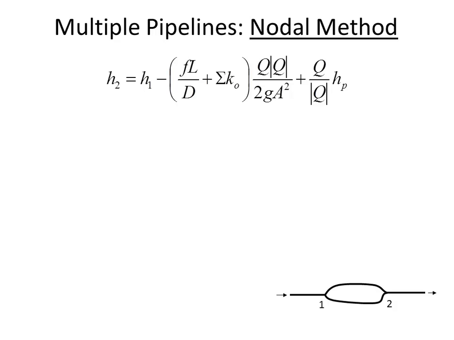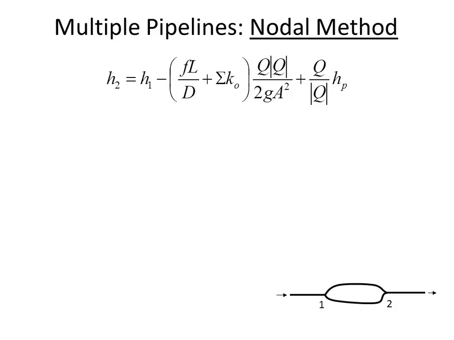The Q times the absolute value of Q divided by 2G A squared is common between both the friction loss term and the local loss term. And so they've combined the things that are in common. Here in parentheses are those things which aren't. Either they're the individual components of the friction loss and the local loss terms.